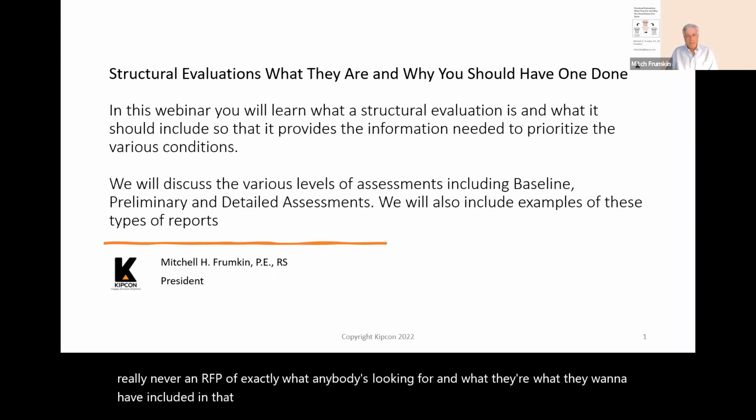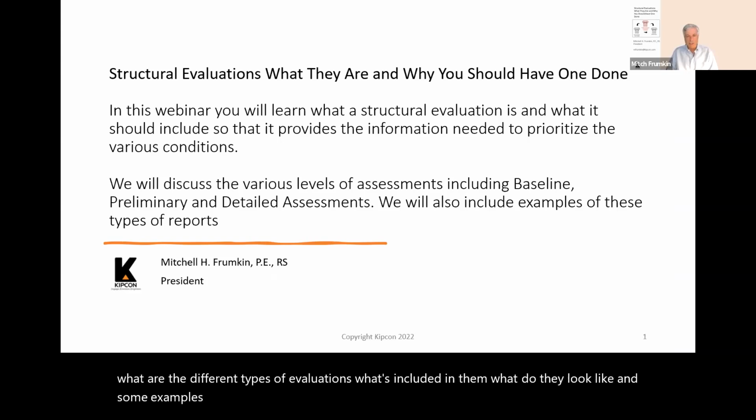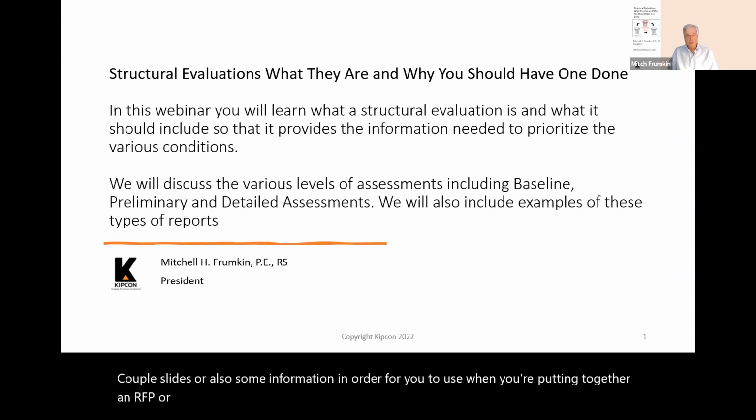So what I've done today is put together a presentation of the different types of evaluations, what's included in them, what they look like, and some examples from actual pages of evaluations. The last couple of slides also have some information for you to use when putting together an RFP, or request for proposal, for an engineer to do a structural evaluation of your building or buildings.